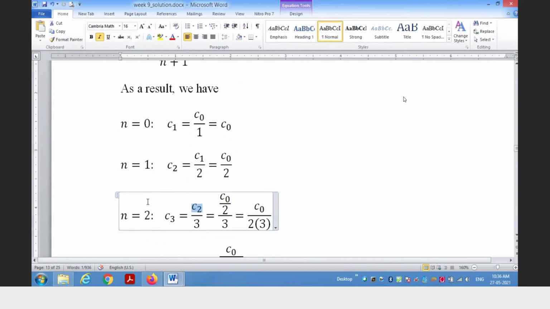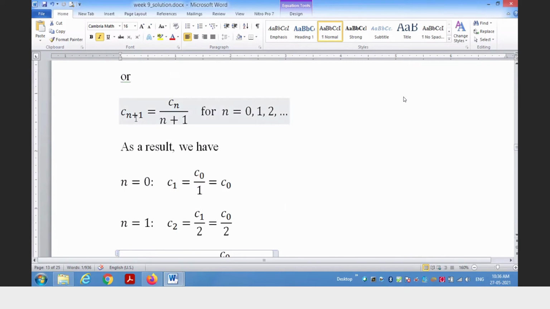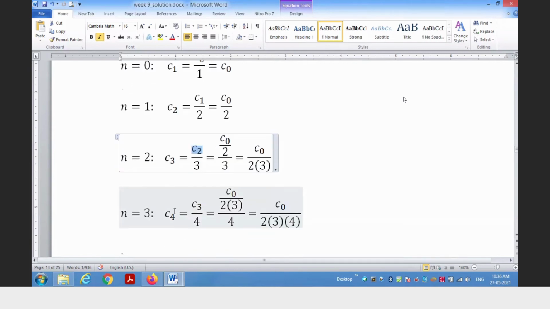When n equal to 3, now we have C4 equal to C3 over 3 plus 1, so C4 equal to C3 over 4. But C3 equal to C0 over 2 times 3, so replace this C3 with C0 over 2 times 3.